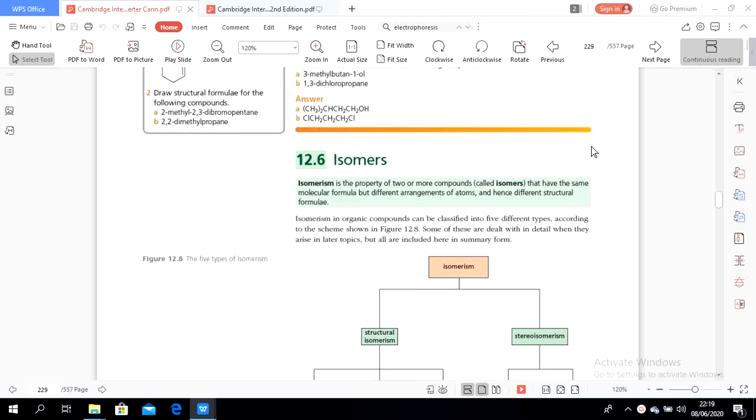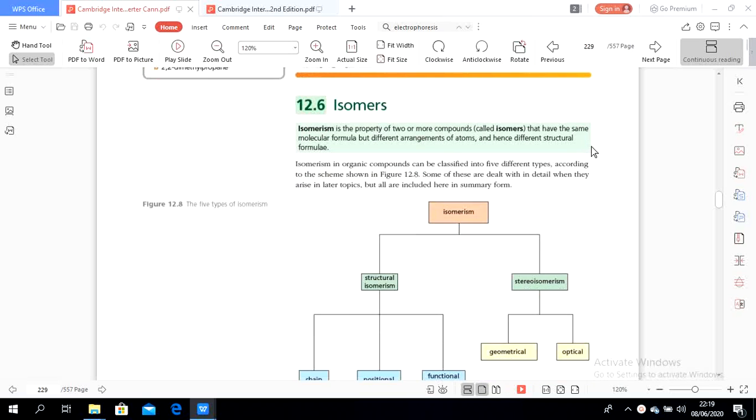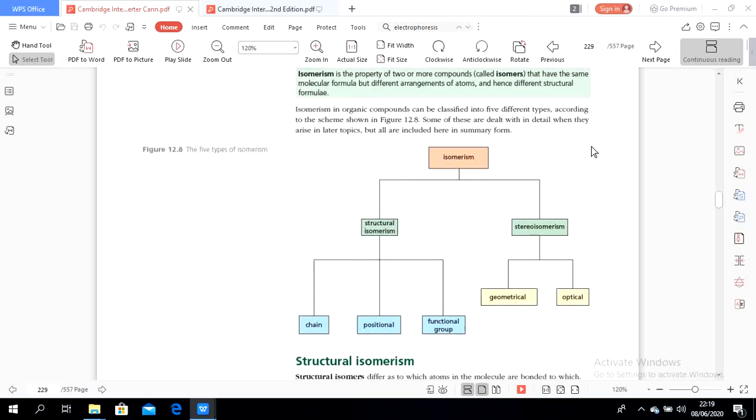Isomerism in organic compounds can be classified into five different types according to the scheme shown in figure 12.8. Some of these are dealt with in detail when they arise in later topics, but all are included here in summary form.